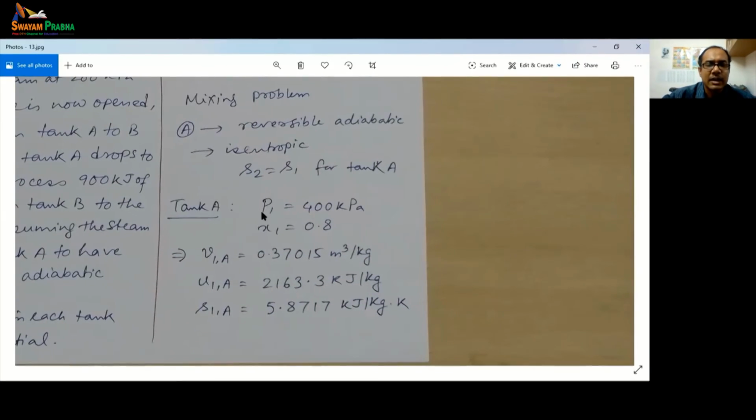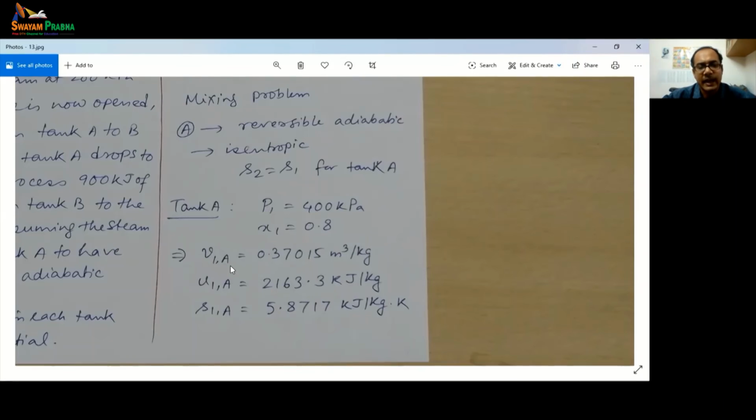For tank A, you know the initial pressure is 400 kilopascal and the quality of steam is 0.8, or 80% quality. So you can look up the values from the steam table and you can find the specific volume.